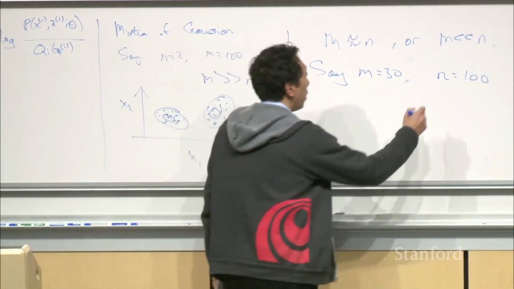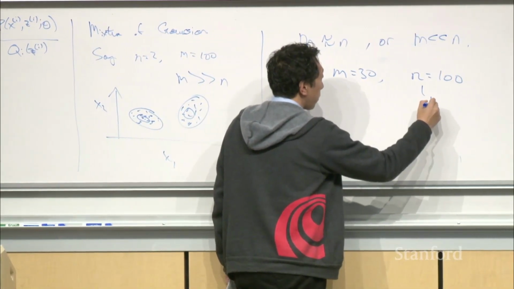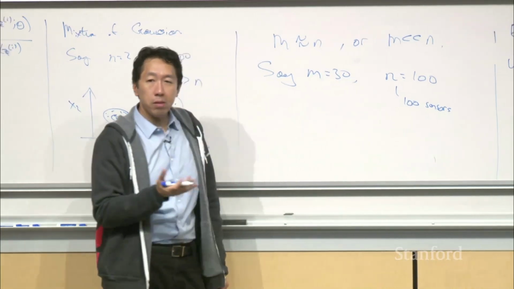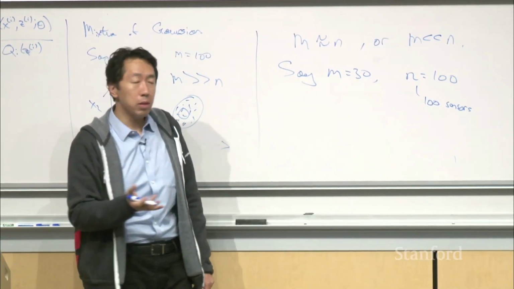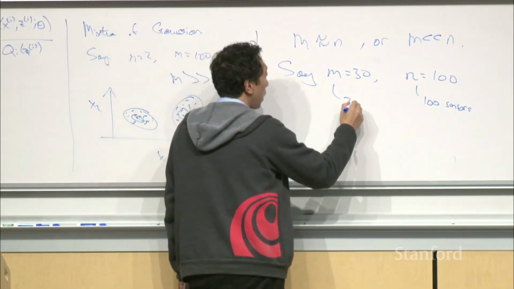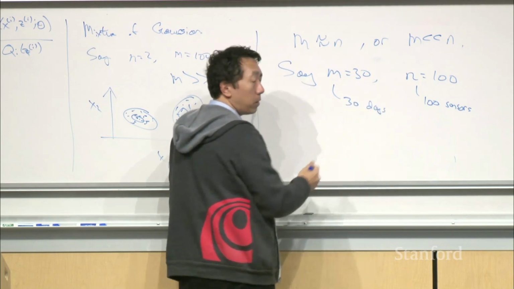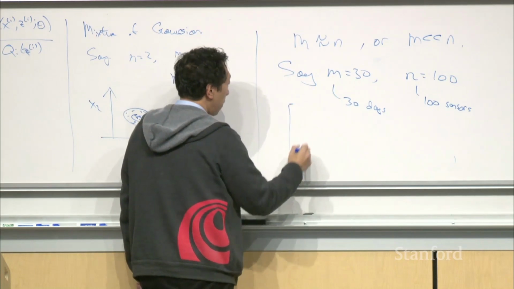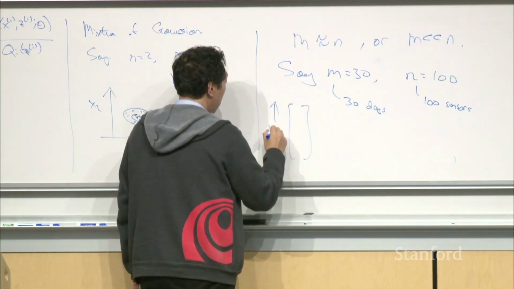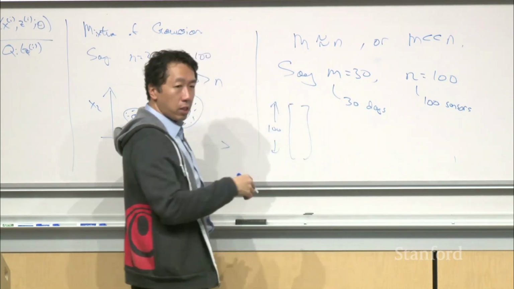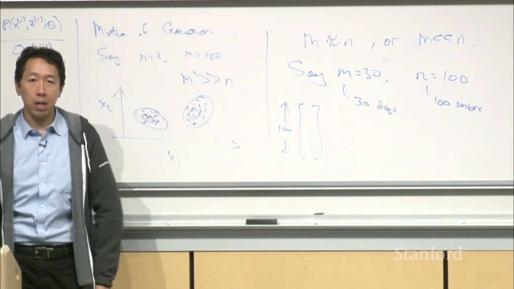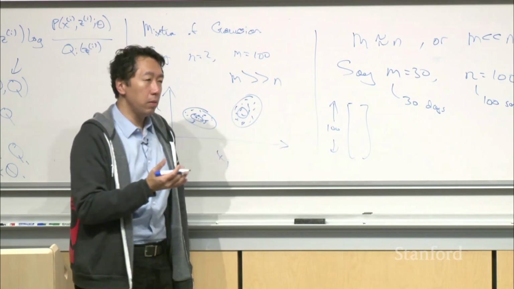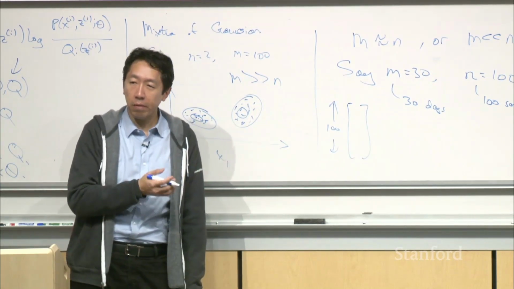But if you have 100 sensors taking 100 temperature readings around campus, but only 30 days of data, or maybe 30 examples, then you would have 100-dimensional data because each example is a vector of 100 temperature readings at different points around this building, say. But you may have only 30 such vectors.